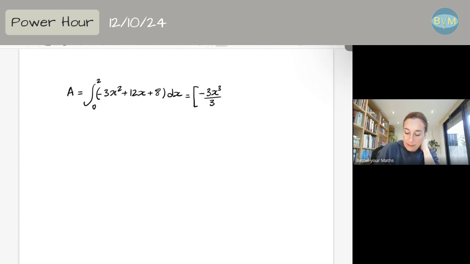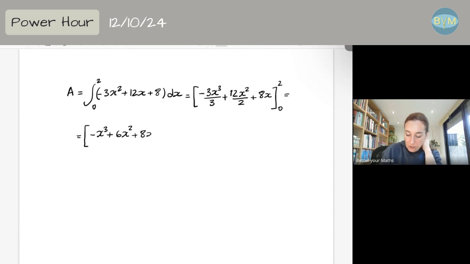We increase the exponent by 1, and divide by the new exponent. I'm going to simplify the coefficients before substituting, yeah? If you are careful and you don't make mistakes, you can simplify straight away. I think you already got one value, perfect.